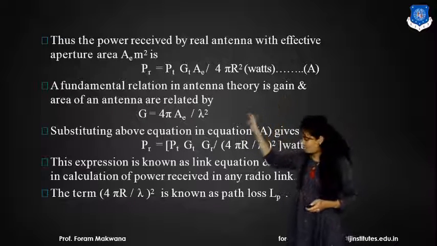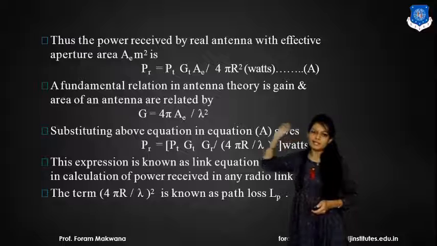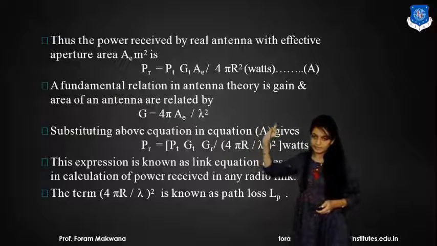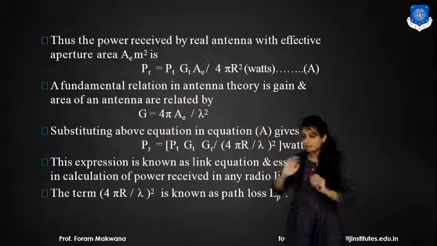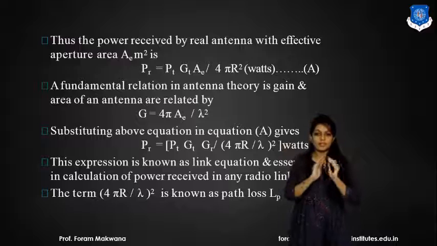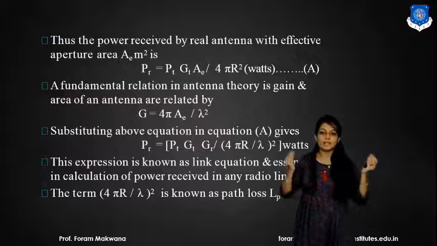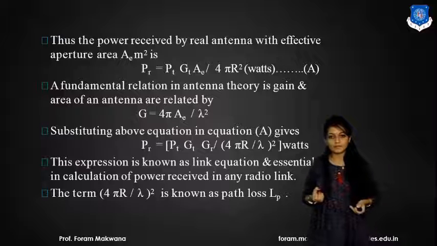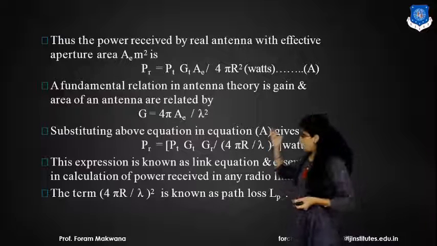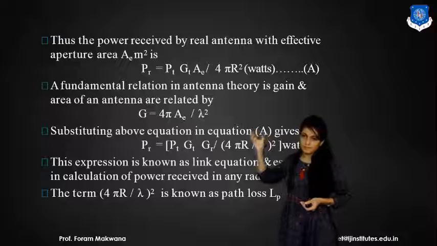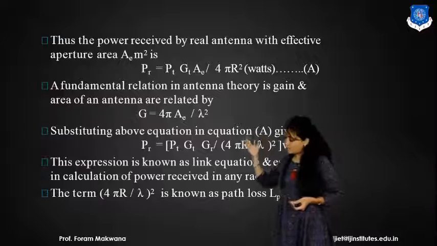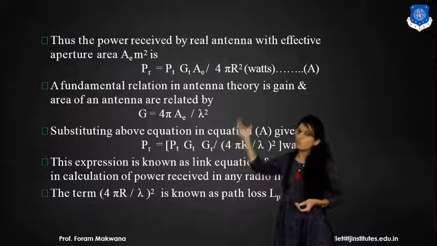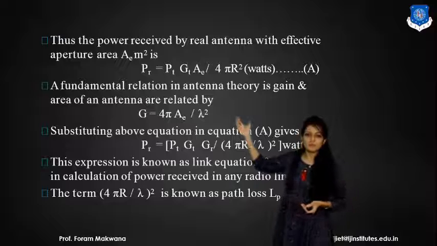So the fundamental relation in antenna theory is gain and the area of my antenna. If the area of my antenna is larger, then my antenna will receive more power. We know the relationship between the effective aperture and the gain. So G is equal to 4 pi AE upon lambda square.